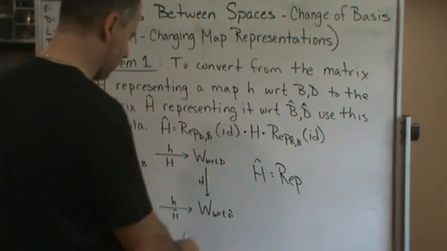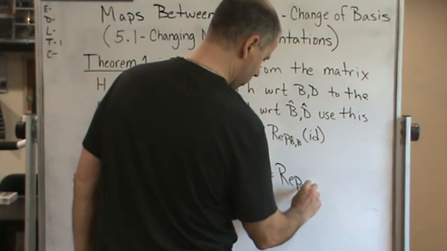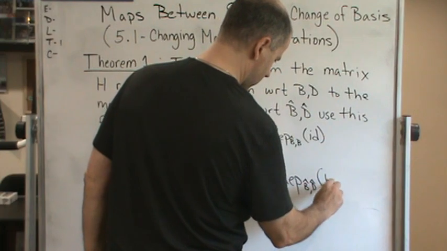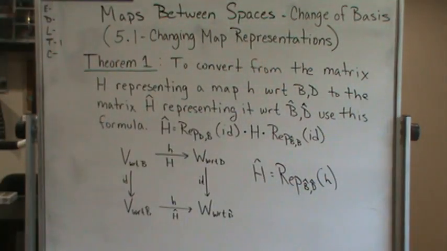Well, that's going to be with respect to B hat, D hat of h. Okay, so we can either go directly by using B hat and D hat, those bases, or else by first changing bases, then multiplying by H, and then changing bases with the other mapping.